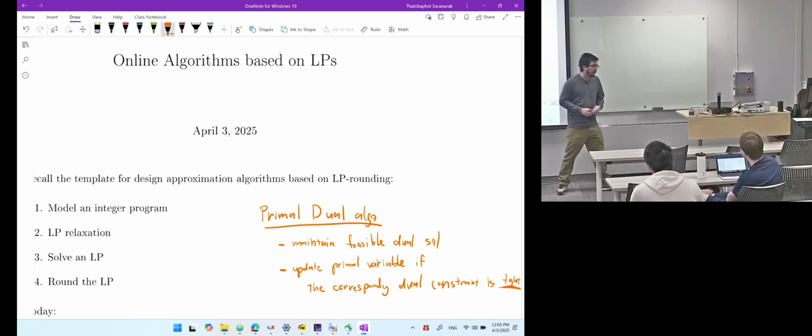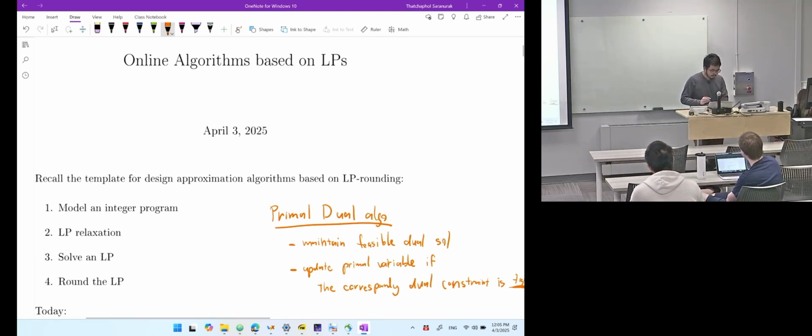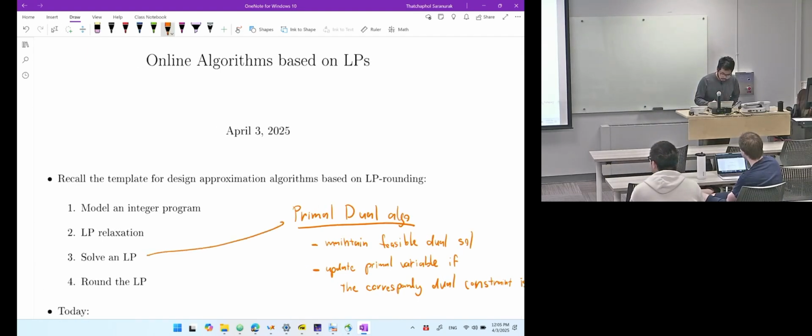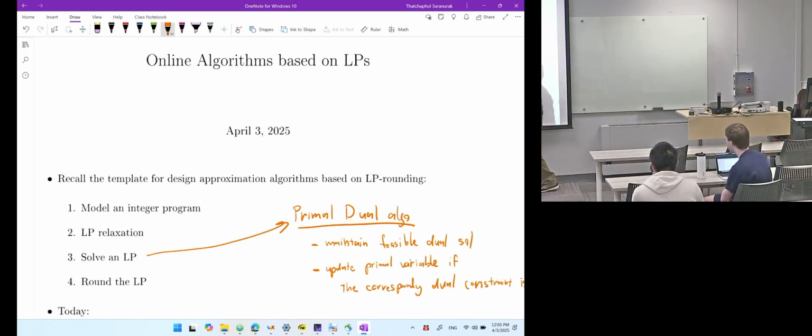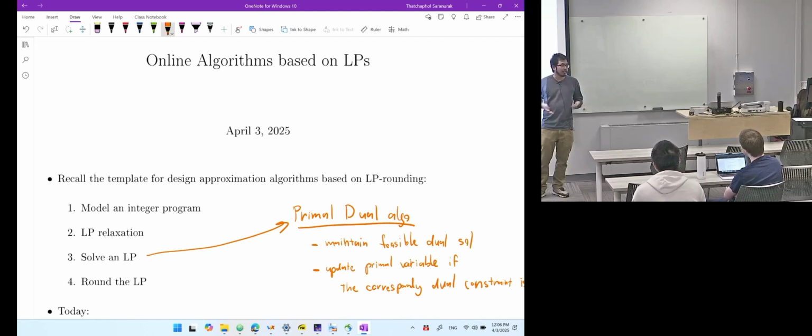So it's basically in this step. If you remember when we used the LP rounding approach, every step here we have seen, but when we tried to solve the LP, we just said, okay, use a black box, just solve the LP. But today it's in the online setting, and we will need to solve the LP ourselves.